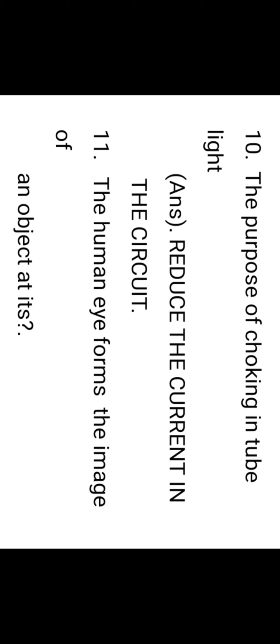A choke coil is used to produce the high voltage across the tube light, and it controls the current. That is the main factor.